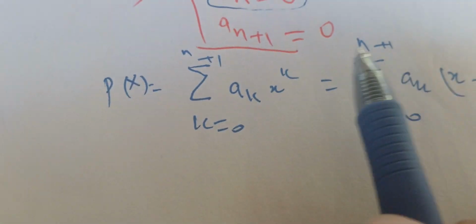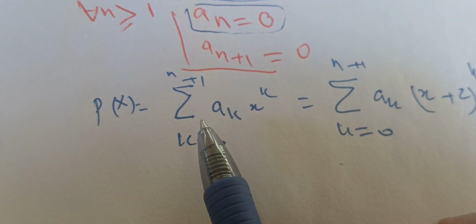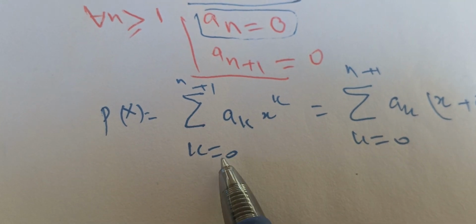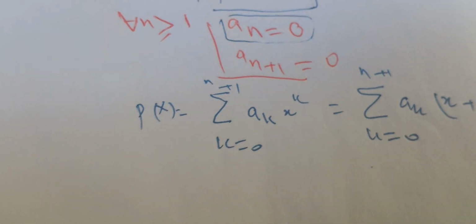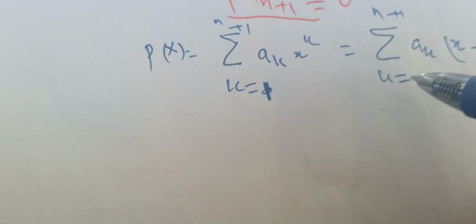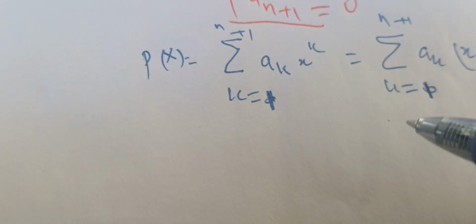But we have one more condition here. We know that in all this case, k is going from 1, in fact, not from 0, from 1.